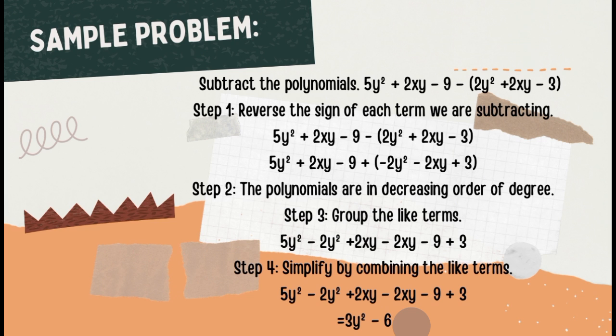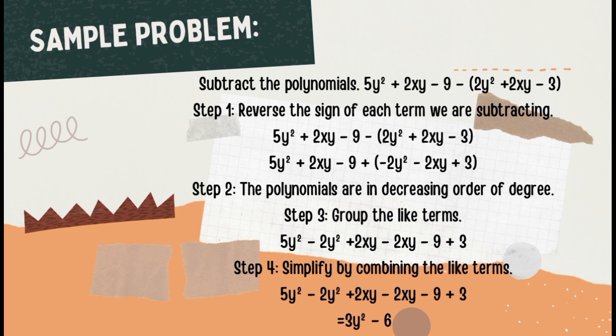Just like in adding, we have to arrange it in decreasing order of degree. So step 3, group the like terms. We have 5y squared minus 2y squared plus 2xy minus 2xy minus 9 plus 3.